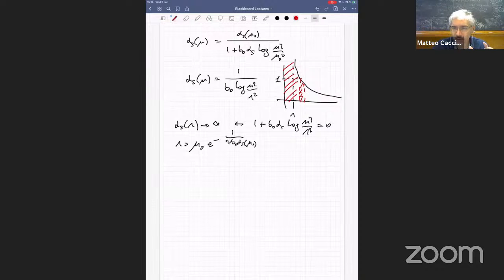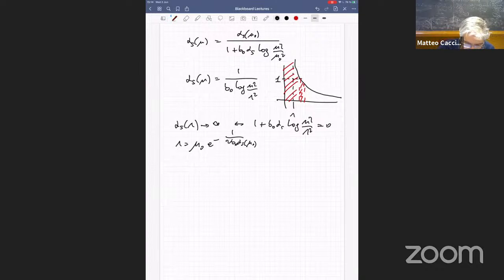I do not expect QCD to be a perturbative theory at distances larger than the proton radius. But remember, a proton radius means 10 to the minus 15 meters, you convert it in energies, it's something like 200 MeV. So I do fully expect this lambda to be of the order of 200 MeV. And let's see what we get.